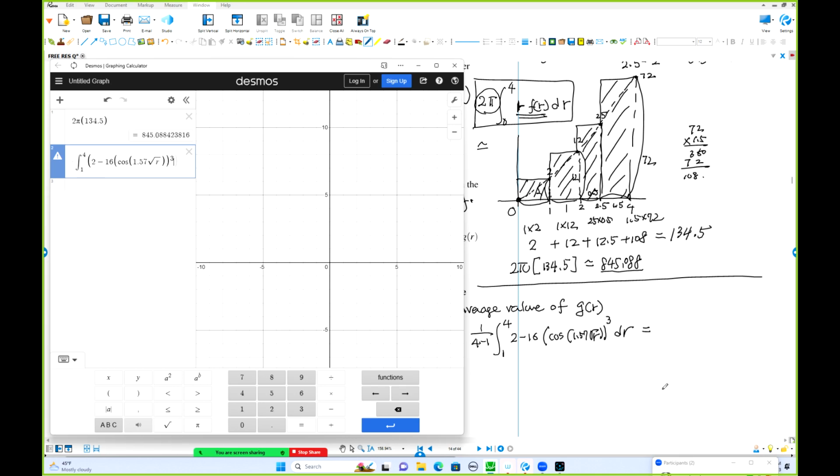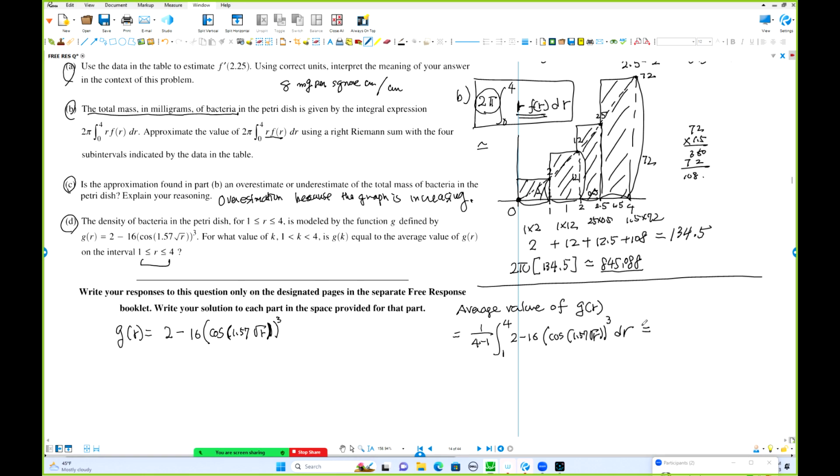And cube, the last one is closing the parentheses, okay? That's from here, here and here. After that, we take dr, I'm sorry, we use the dr. How much? 9.876. Okay, 9.876. Yeah, that is the average.